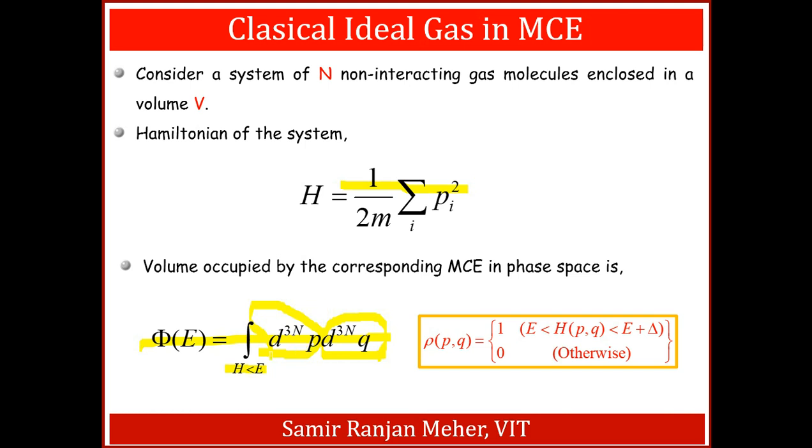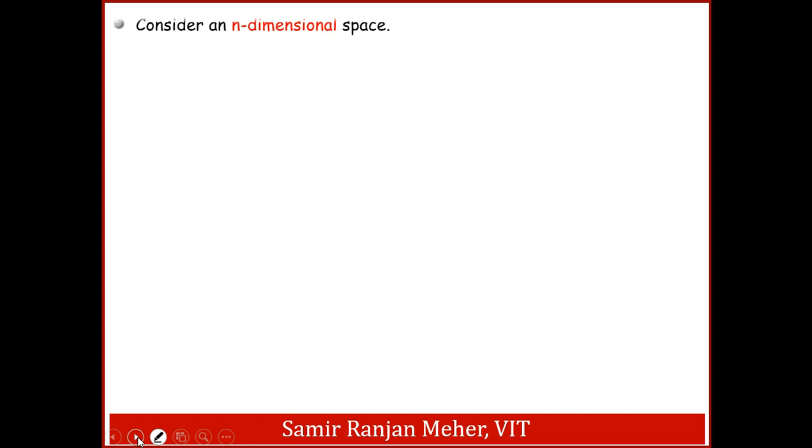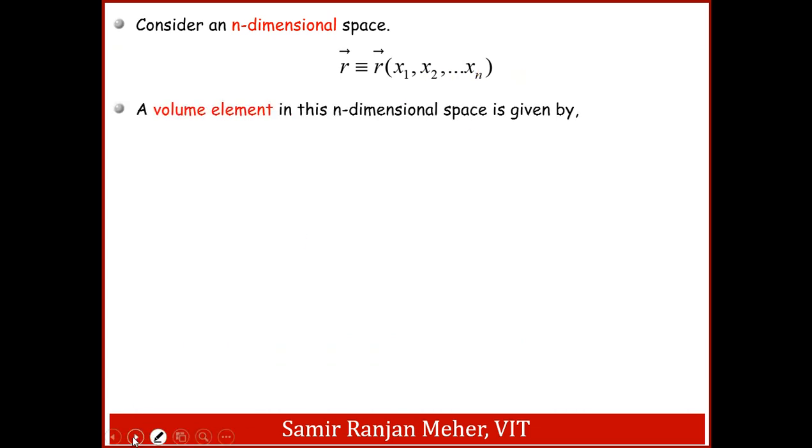In order to do that, let us first consider an n-dimensional sphere. In this n-dimensional sphere, the position vector is a function of n rectilinear coordinates. So that means r is a function of x1, x2, like that up to xn. A small volume element in this n-dimensional space can be written as dVn, and is the product of dx1, dx2, like that up to dxn.